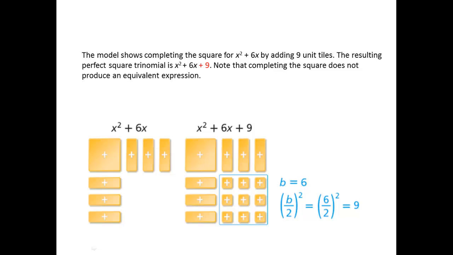Okay, so just the example that we had on the previous page, except visualizing it with the algebra tiles. Okay, the algebra tiles, it's not something that's a necessary step for you. It's just sometimes a visual representation of actually completing the square is helpful in understanding what we're doing. Okay, so this is just a tool to help you understand.